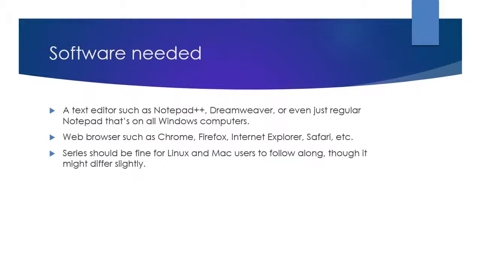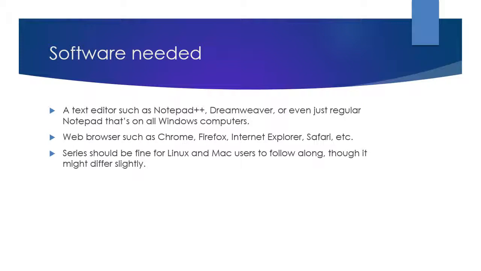So the software we'll be needing for this series is just a plain text editor such as Notepad++, Dreamweaver, or even just a regular Notepad that comes on Windows computers. You also need a web browser such as Chrome, Firefox, Internet Explorer, Safari, Opera, any of those. Pretty much all the modern browsers essentially interpret coded HTML pages pretty similarly now.